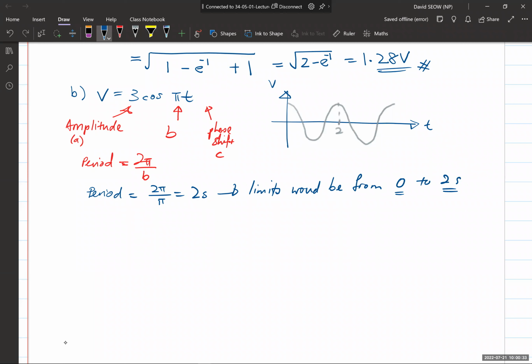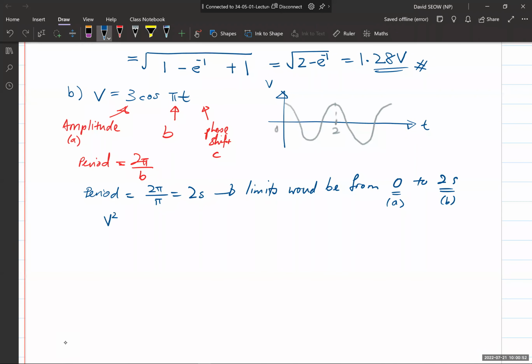So this will be my so-called limit of a, this is my limit of b. So again, for RMS, let me do the V square first. V square will be 9 cos square pi t.